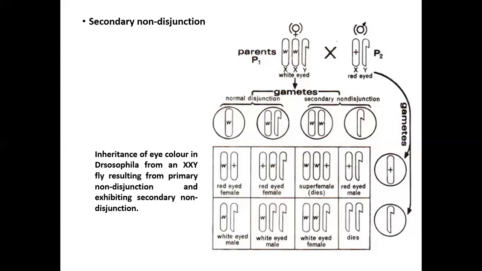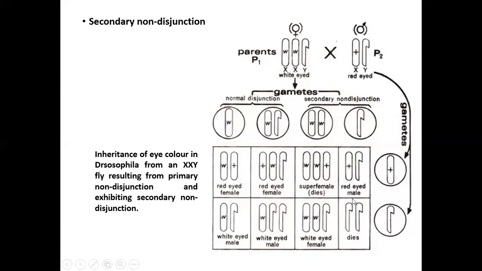Therefore, non-disjunction of sex chromosomes, both primary and secondary, is considered strong evidence in favor of the chromosomal theory of inheritance. You can see the XXY here. Here the super female dies because it carries lethality, the XXX.